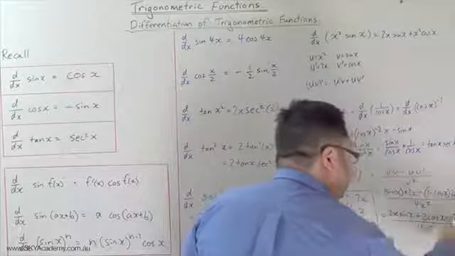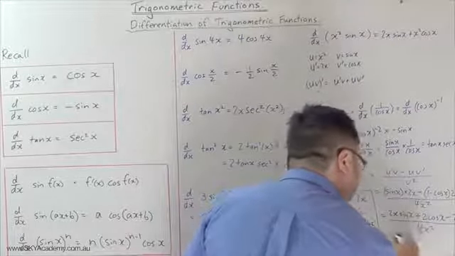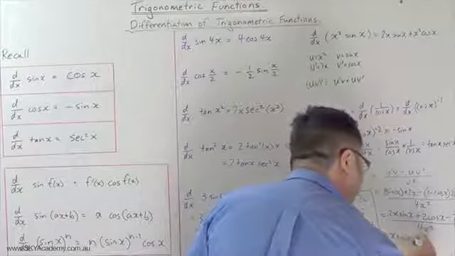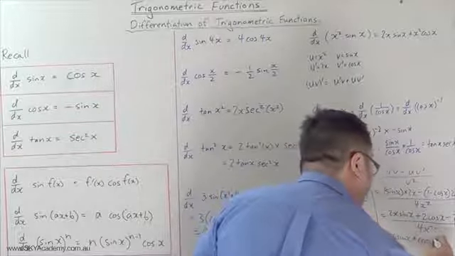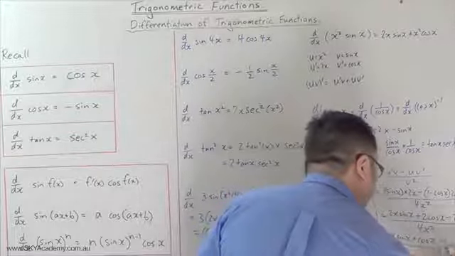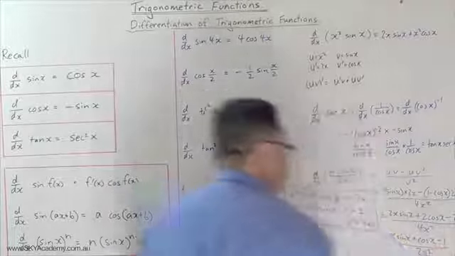The 2's can cancel: factorise the 2's out and cancel. So it's x sine x plus cosine x minus 1, all on 2x squared.